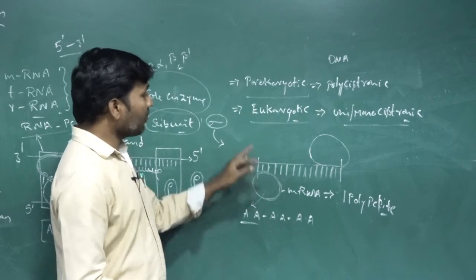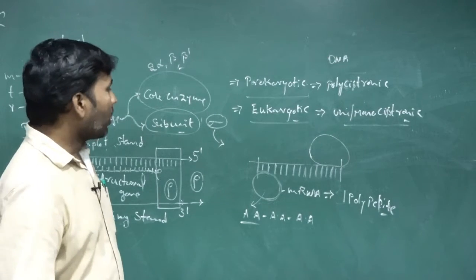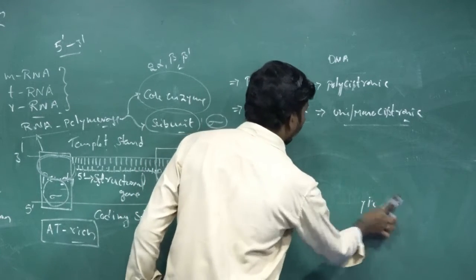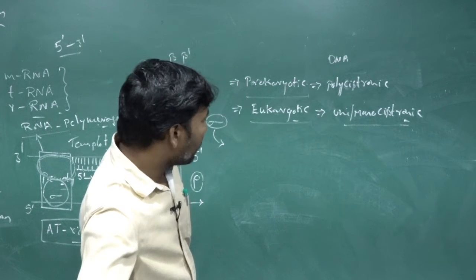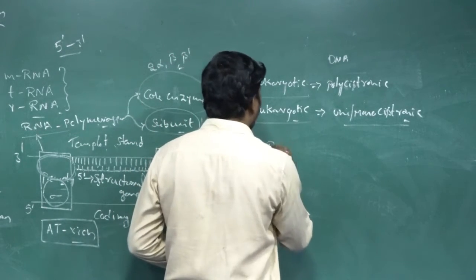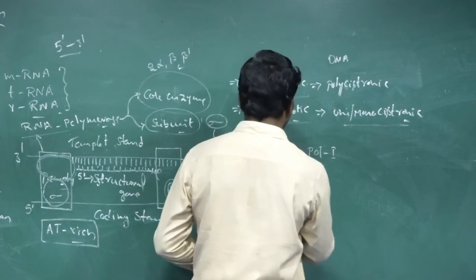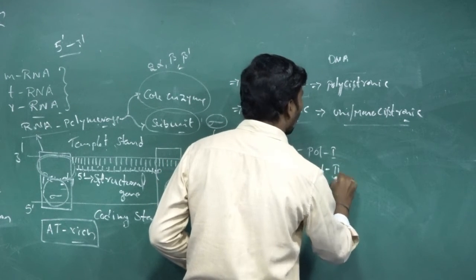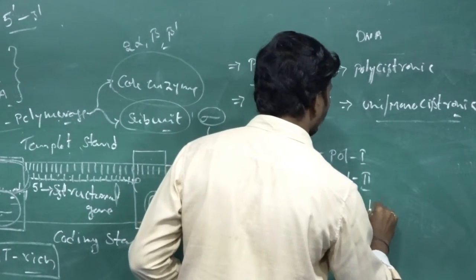But in the case of eukaryotes, three forms of RNA polymerases are involved. What are those three types? RNA polymerase 1, RNA polymerase 2 (Pol 2), and RNA polymerase 3.